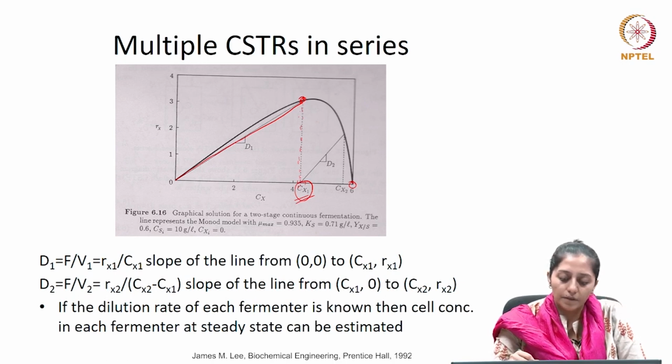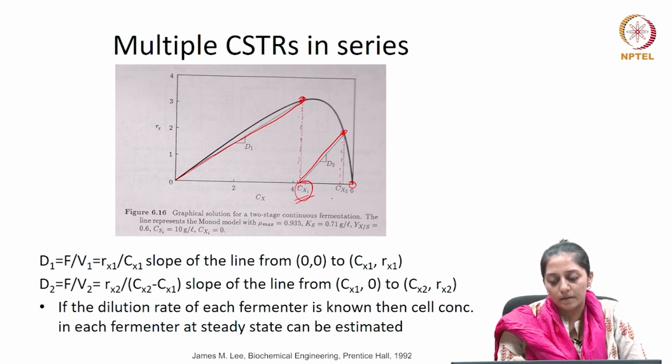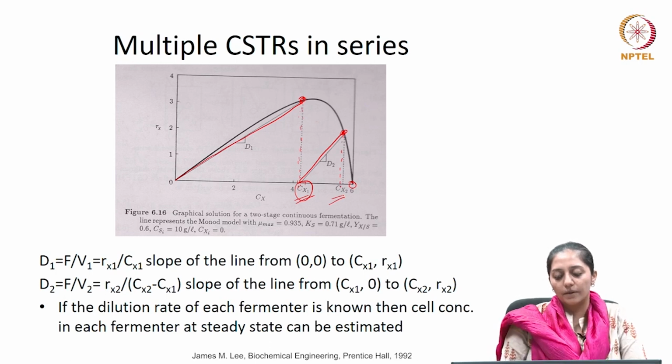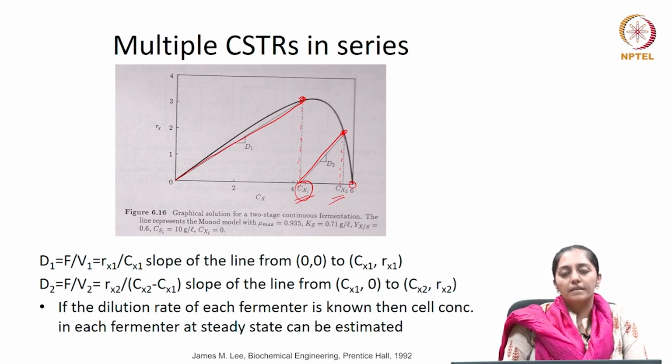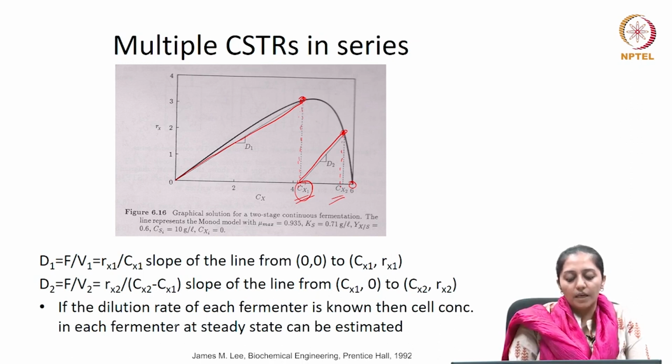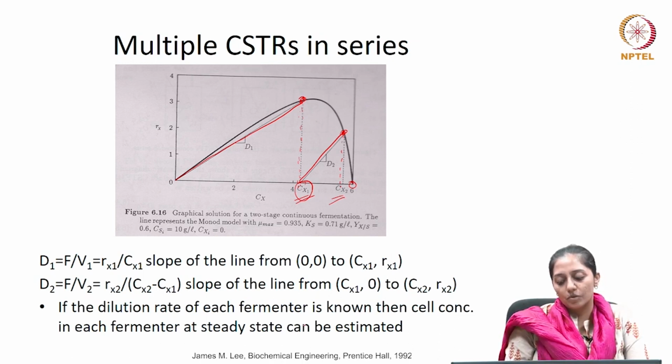Again, if the dilution rate of the second reactor is known, then from this point another line can be drawn with that slope, and wherever it cuts the curve, again its corresponding x value will give us the exit cell mass concentration from that second reactor. So, if the dilution rate of each fermenter is known, then the cell concentration in each fermenter at steady state can be estimated by this graphical technique.